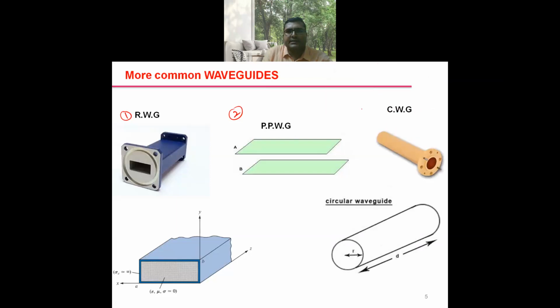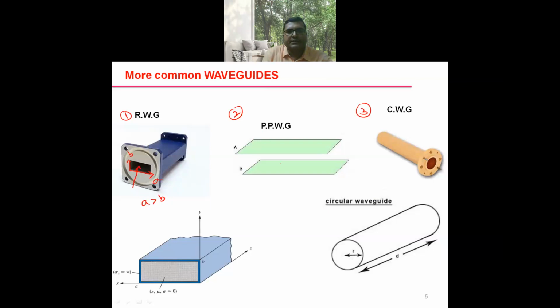and circular waveguide. In a rectangular waveguide, the length along the x-axis is denoted by a, the length along the y-axis is denoted by b, and the values are such that a is always greater than b, and the wave propagation will be shown like this.